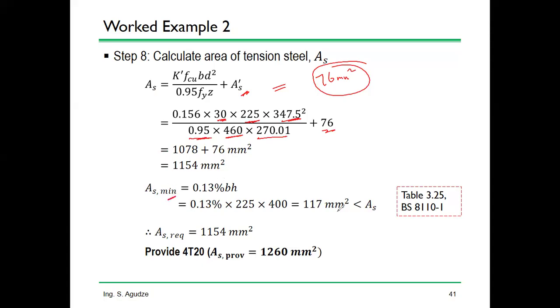Again, check minimum steel. Of course, this is less than that, so we adopt what we have calculated as the required. Then from that same table, we select the steel diameters. We are selecting 4T20, which will give us 1260 mm squared. Let us understand that design is artistic and scientific.